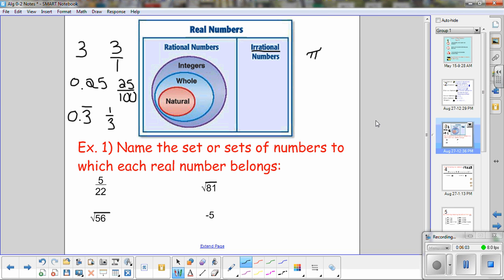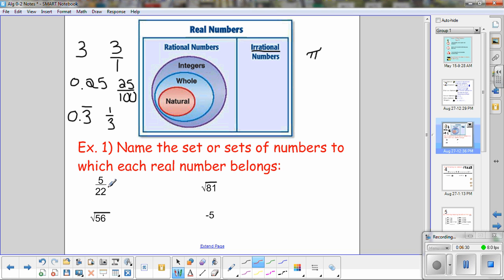The other time you will come across irrational numbers in math is often with square roots. Many times when you take the square root of a number, you end up with a really ugly number on your calculator that goes on and doesn't repeat. That's another time you're going to run into irrational numbers. If we take a look down here at these examples, 5/22.